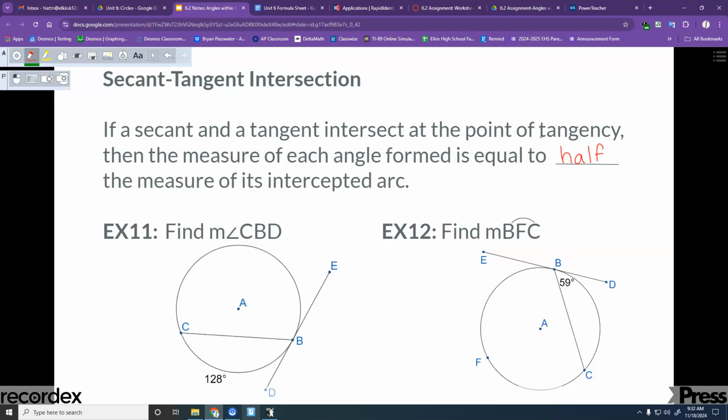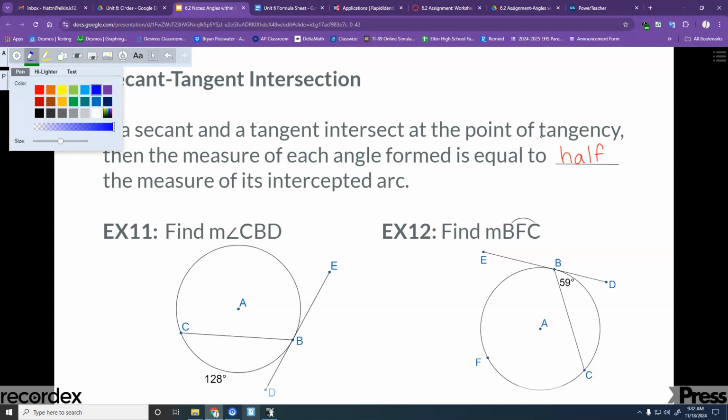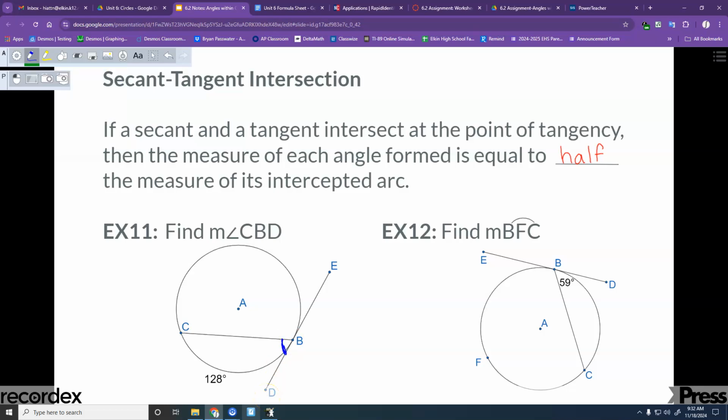Okay, so if we look at this picture and it asks me for the measure of CBD right here, then if I think of sort of like tracing this out, it's not exactly the same as the intercepted arc, but it's pretty close.